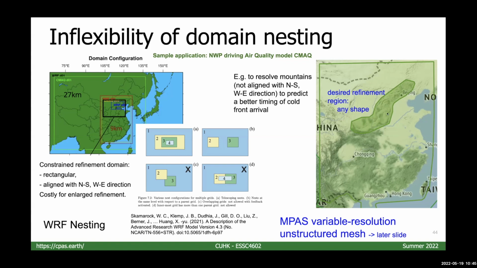Say I want to do a weather forecast prediction for mainland China. And I know that when cold fronts arrive from the north or northwest, I had better put a refinement region for the mountains like this shape. Because if I use the coarse resolution, very often the height of the mountains cannot be represented.